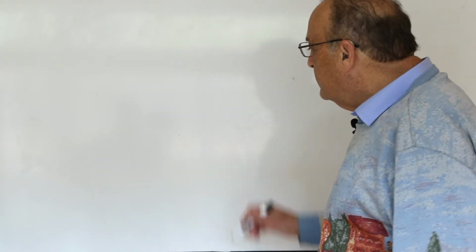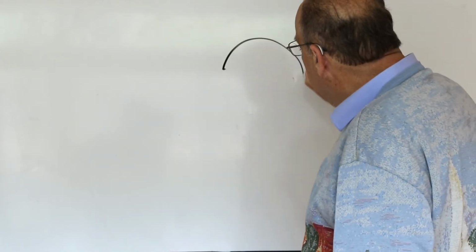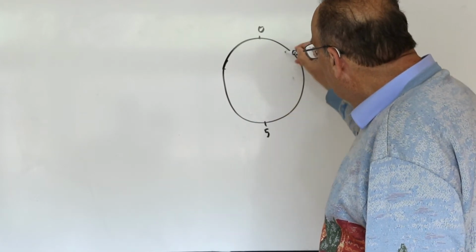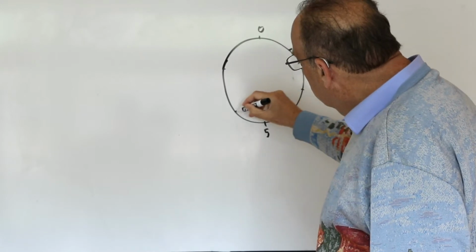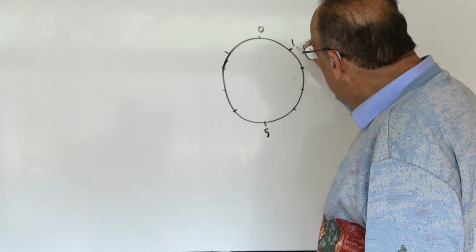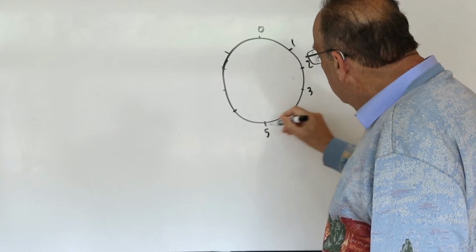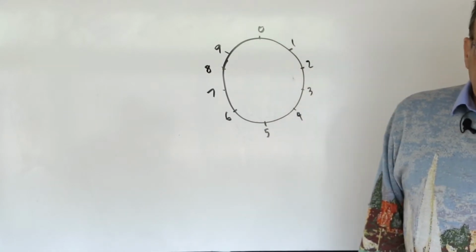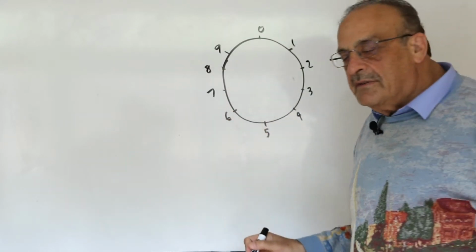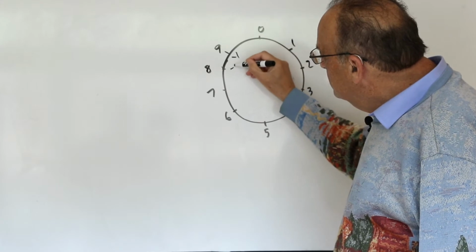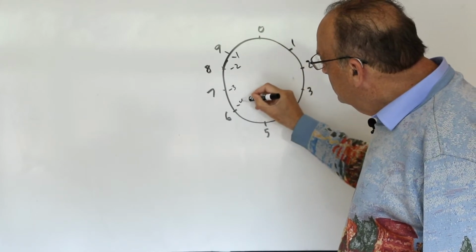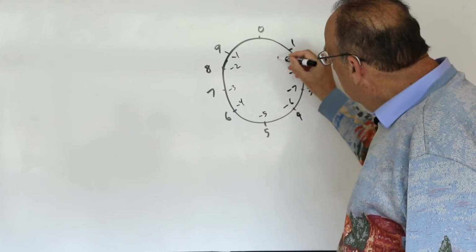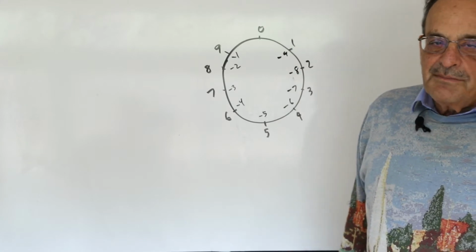So if we have a clock with 10 numbers on it, we can also number counterclockwise with negative numbers. It's not necessary, but I like to write mod 10 inside.